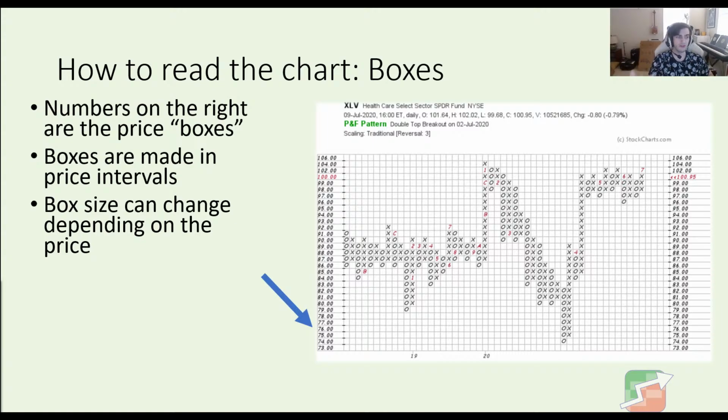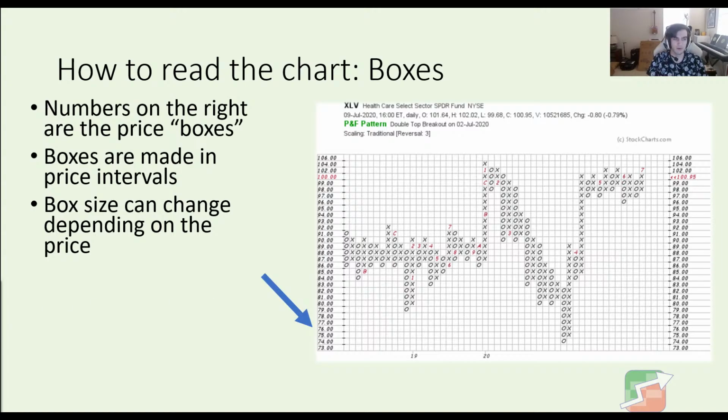To show this a little bit clearer, let's look at this chart. On the left hand side here, we have all of these numbers. We have 76, 77, 78, 79. It's going up by $1 every time.